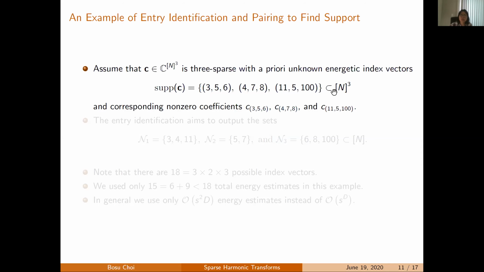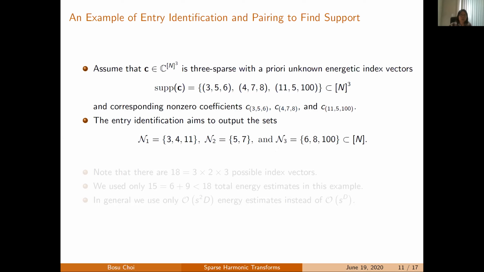Then instead of searching over all these n to the third index vectors, what we do is finding the entries of each index vector first. So here n1 contains the first entry of these index vectors, and n2 contains the second, and n3 contains the third. So finding these n1 through n3 sets, that's the entry identification.